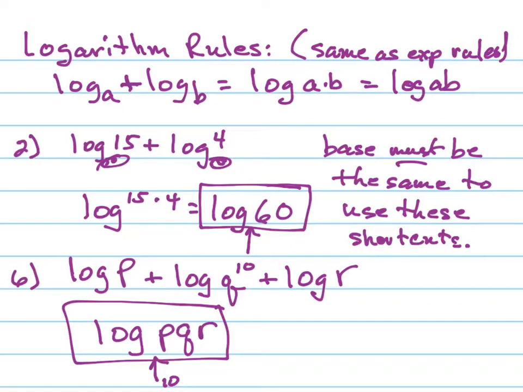Okay? Now, the other rule talks about what happens when you subtract logs. So log of A minus log of B. When you subtract exponents, that's when you're doing division with exponents, right?